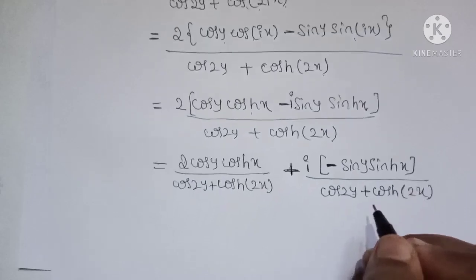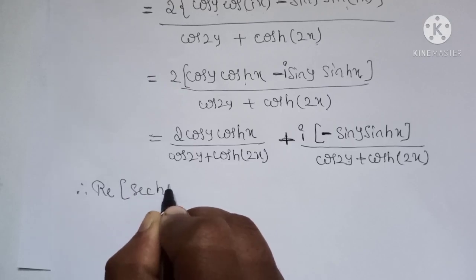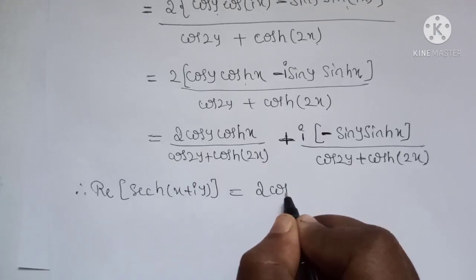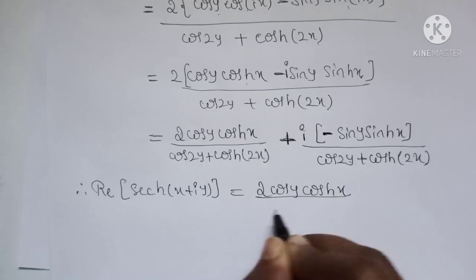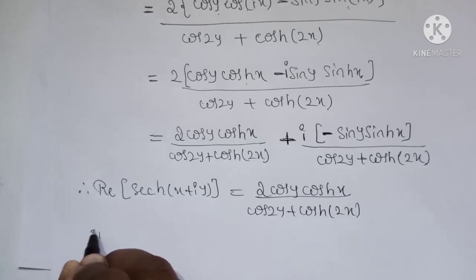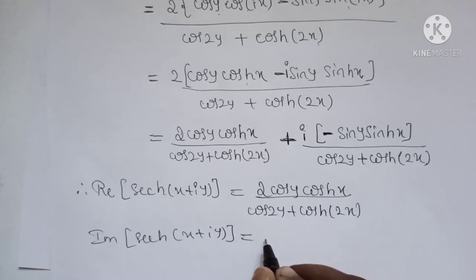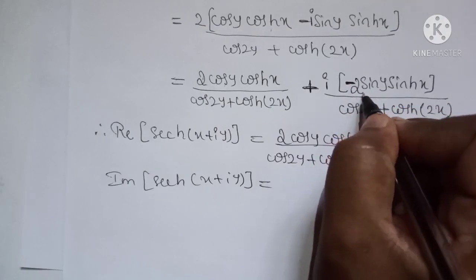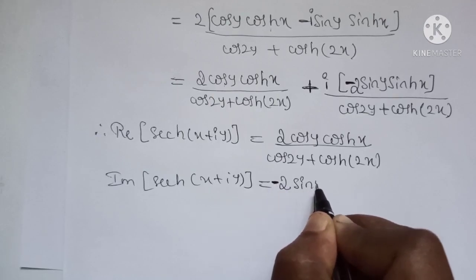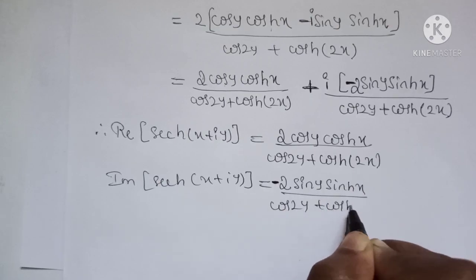Now we have separated the real and imaginary parts. Therefore, the real part of the given function, that is sech(x plus iy), is 2 cos y cosh x divided by cos 2y plus cosh 2x, and the imaginary part is equal to minus 2 sin y sinh x divided by cos 2y plus cosh 2x.